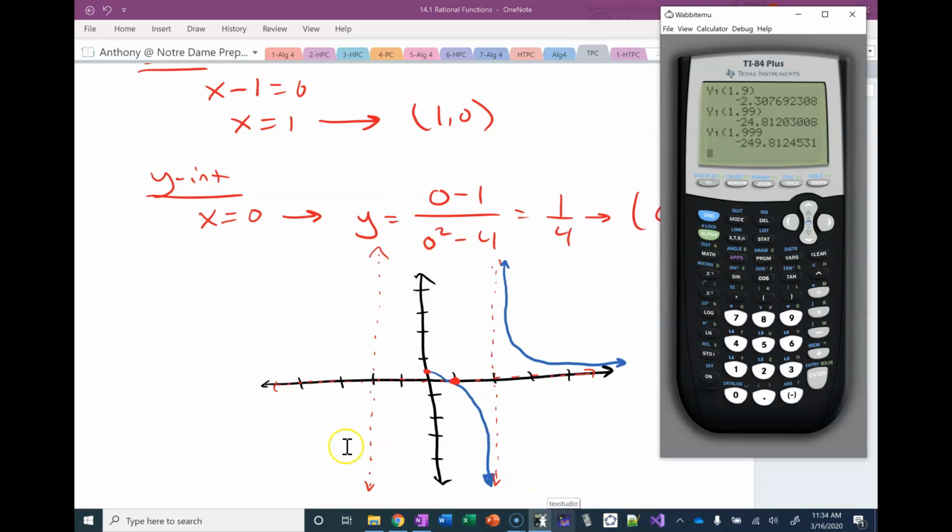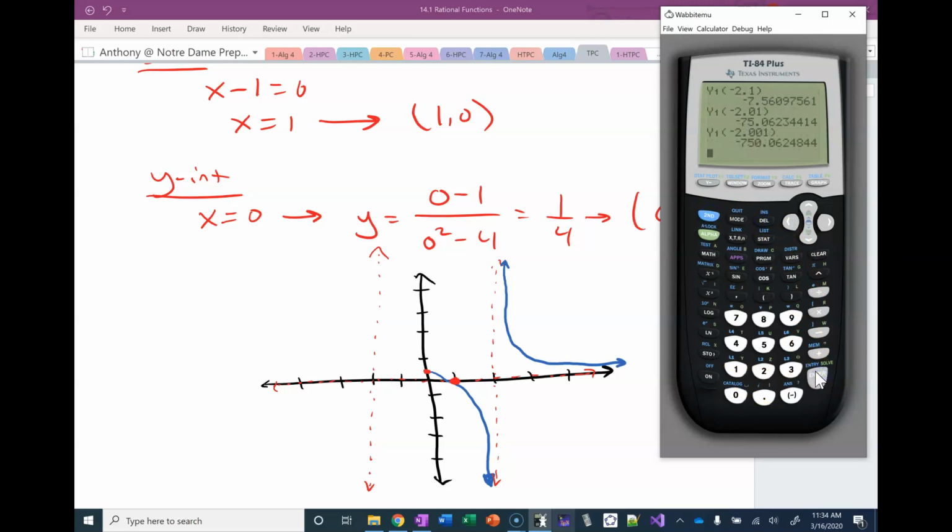I can do the same thing over here at negative 2. So let's look at the left-hand side of that. So negative 2.1, and then negative 2.01, and then negative 2.001.